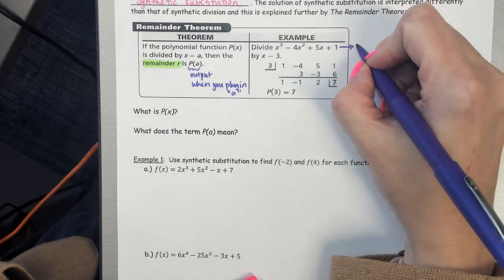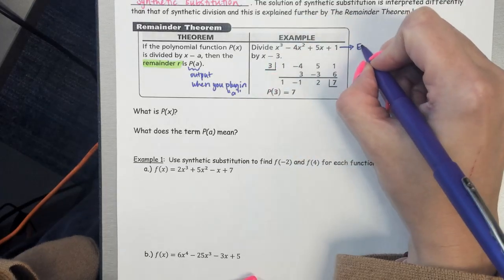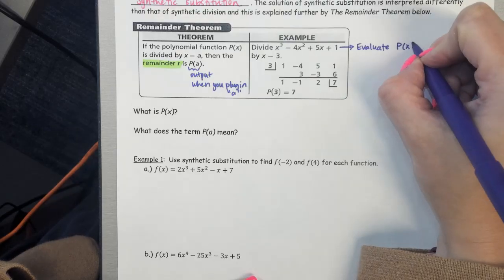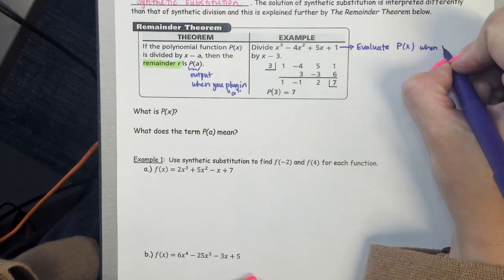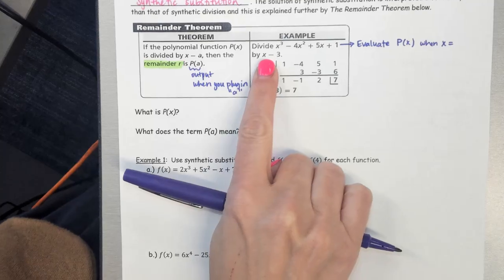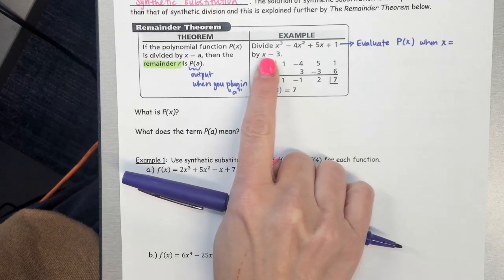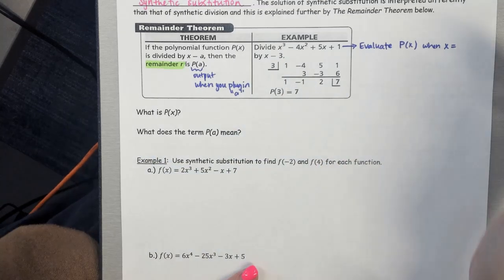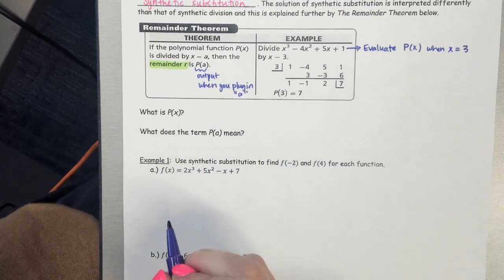What we're going to do is evaluate p of x when x equals, and then if you were to solve this, x minus 3, remember how we had to set it equal to 0 to find what we were going to plug in? This means x would equal 3.